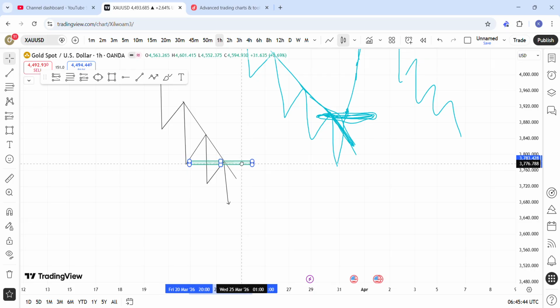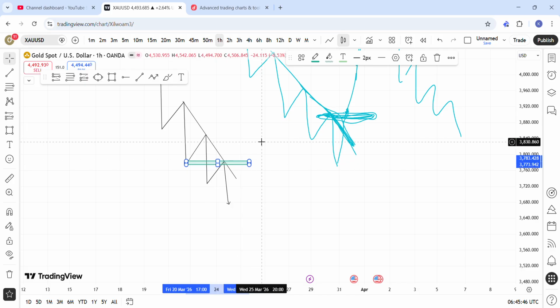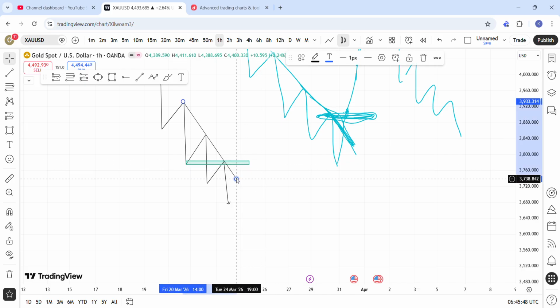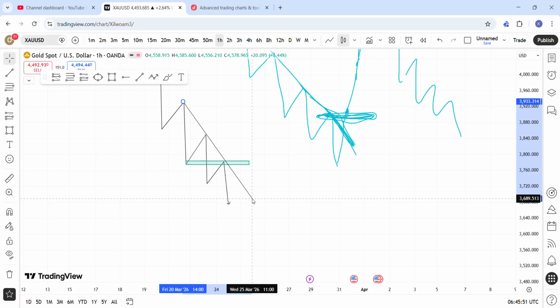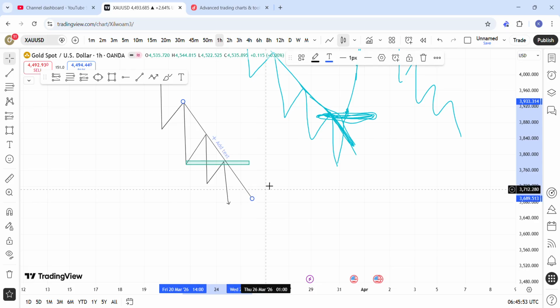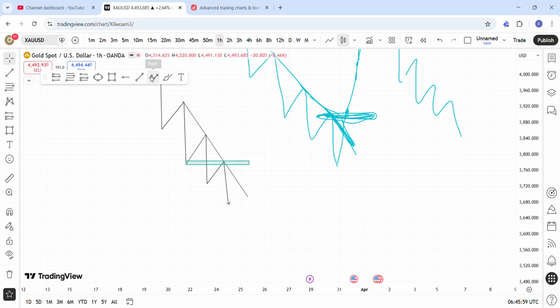This zone here is very paramount for you to catch any trade. So see what's going to happen here. Price breaks here with a candle close. Then we can now look for ways to buy above here.